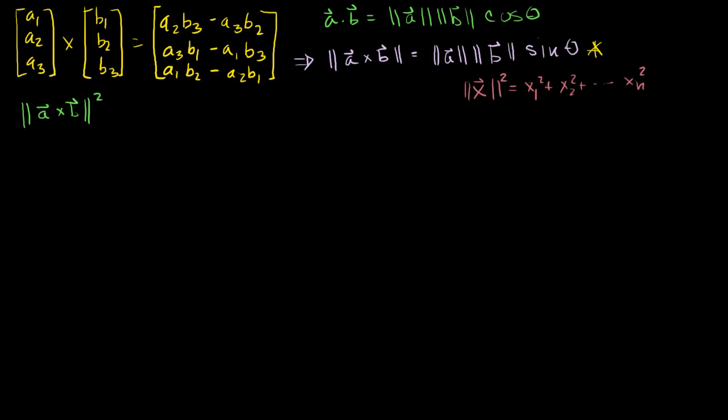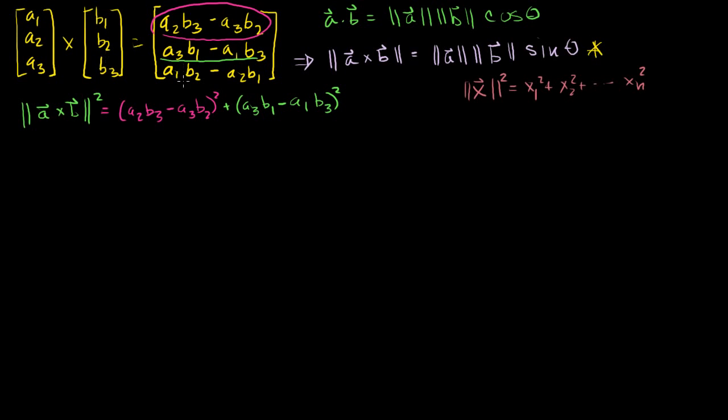So it's equal to this term squared. So let me write that down, a2 b3 minus a3 b2 squared, plus this term squared, so plus a3 b1 minus a1 b3 squared.